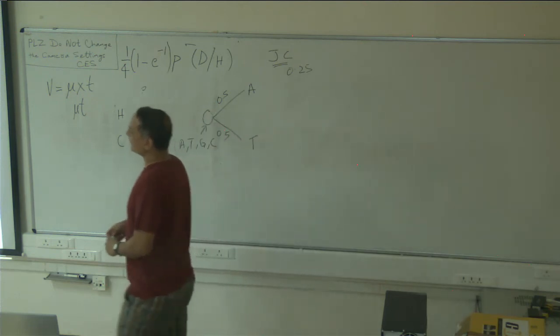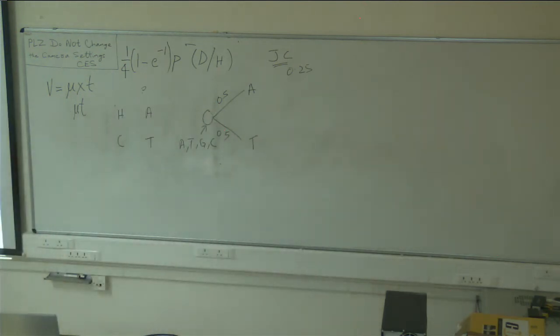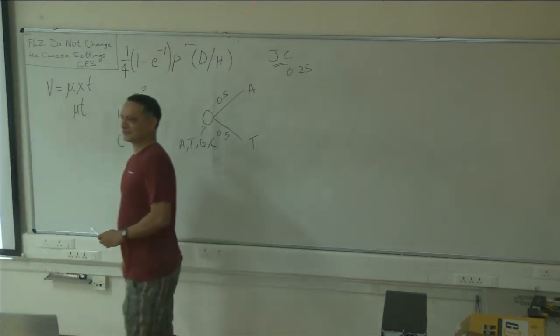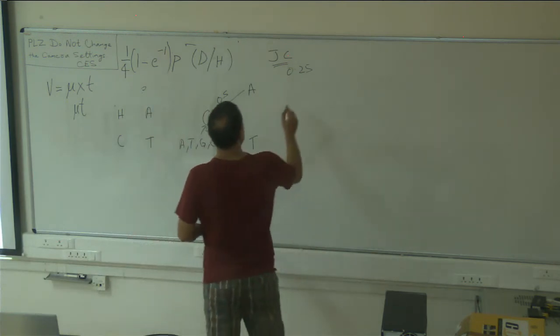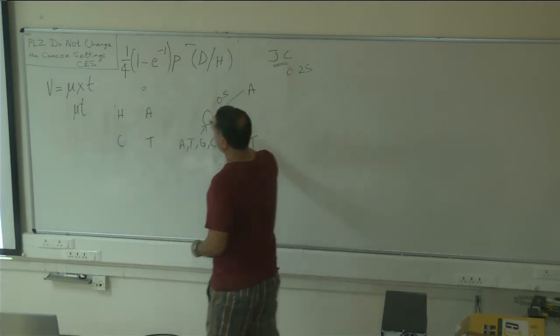Remember, our transition matrix is something else. What is it? 0.7 and 0.1. 0.7 for no change, 0.1. So I'll give you the PII and PIJs also.